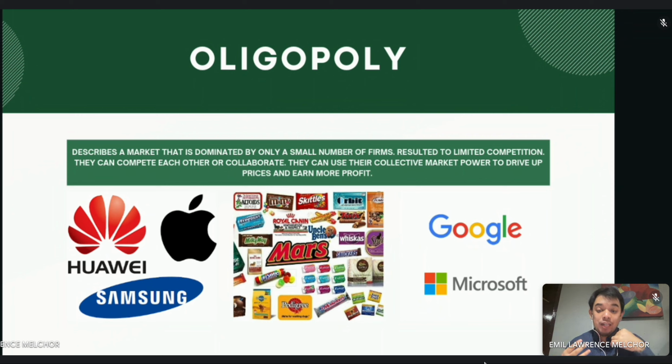So we have examples here like Google, Microsoft, Apple, Samsung, Huawei, and many others, so they compete with each other and also they can collaborate. They can use that collaboration to drive up prices and earn more profit. Like they can plan on how they set the prices in order to sustain the economic growth of a certain industry.